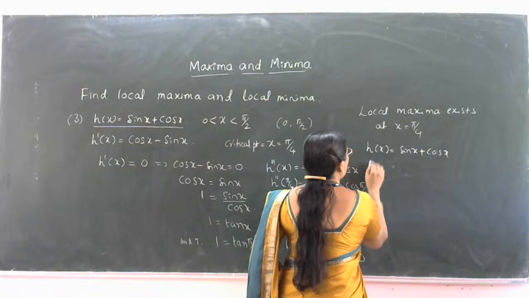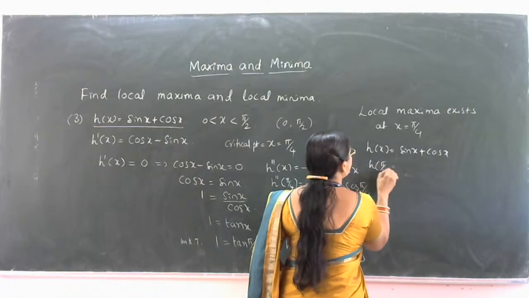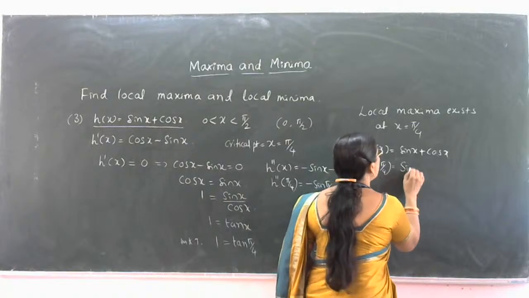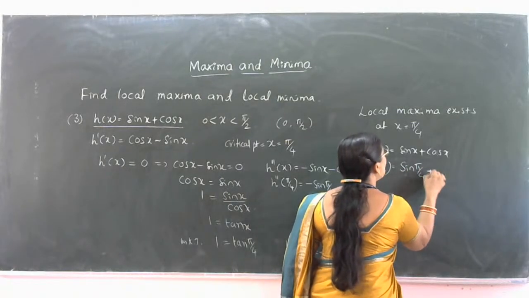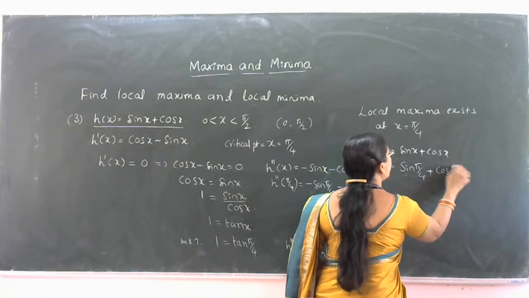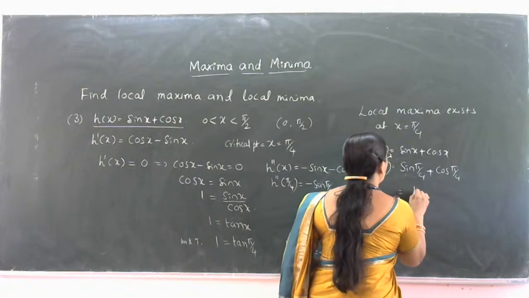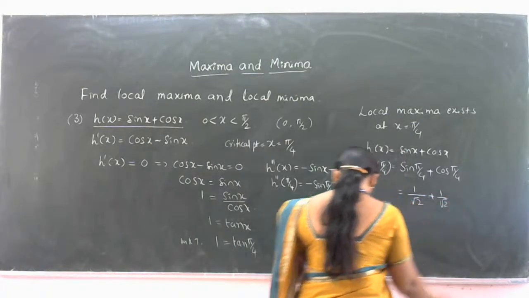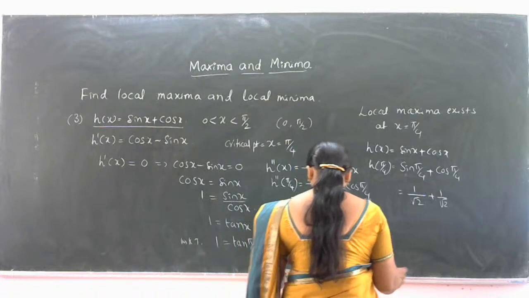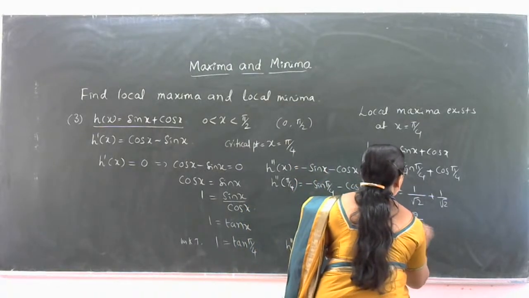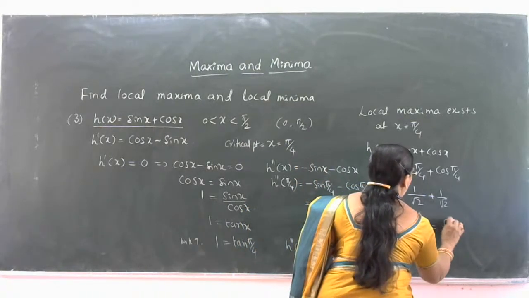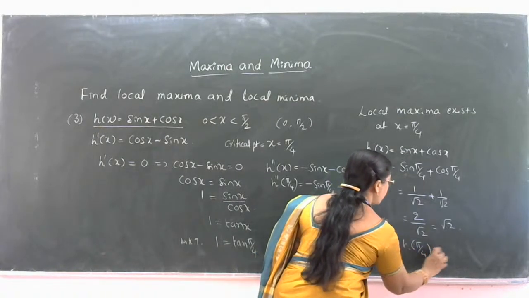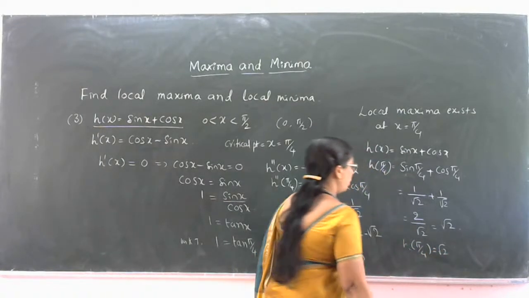Therefore, h of pi by 4 is equal to sin pi by 4 plus cos pi by 4, which is 1 by root 2 plus 1 by root 2, which is 2 by root 2, which is equal to root 2.